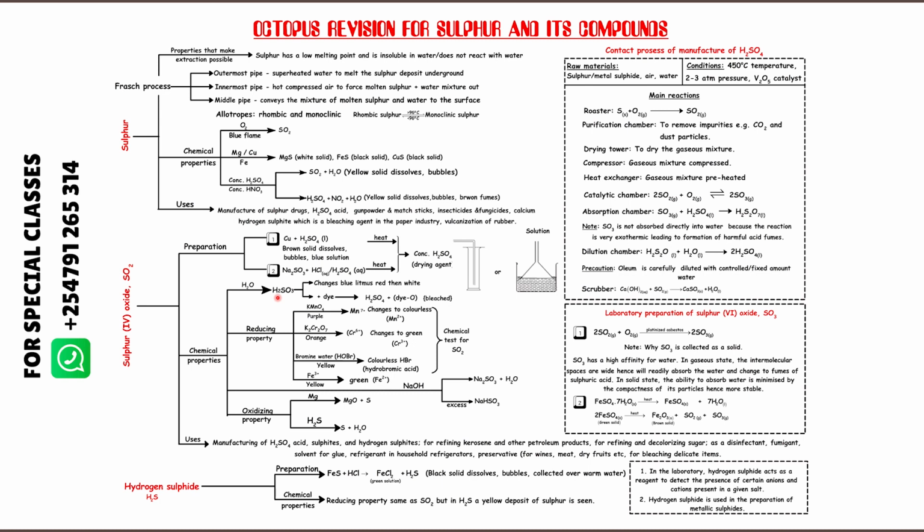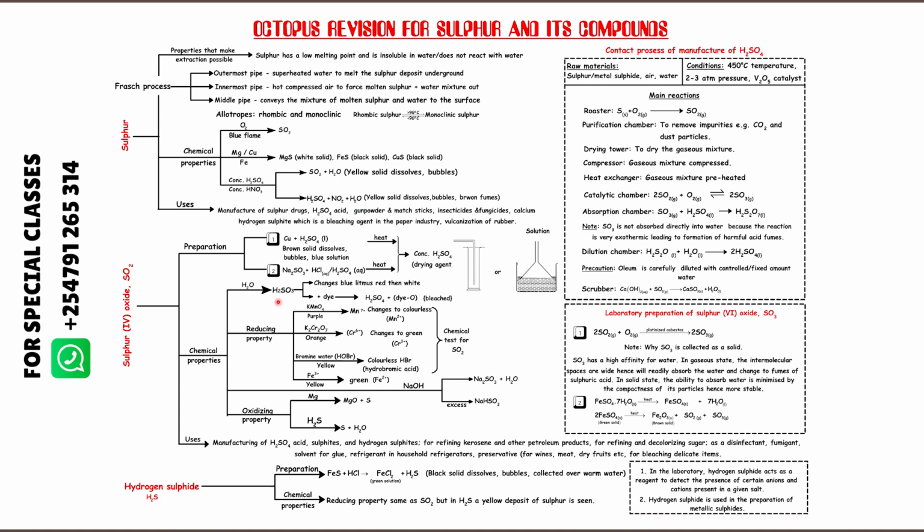And I want you students to listen to this. This question is very common in exams. And many students will say instead of sulfuric 4, they'll say sulfuric 6. So sulfur 4 oxide dissolves in water to form sulfuric 4 acid. Not sulfuric 6.